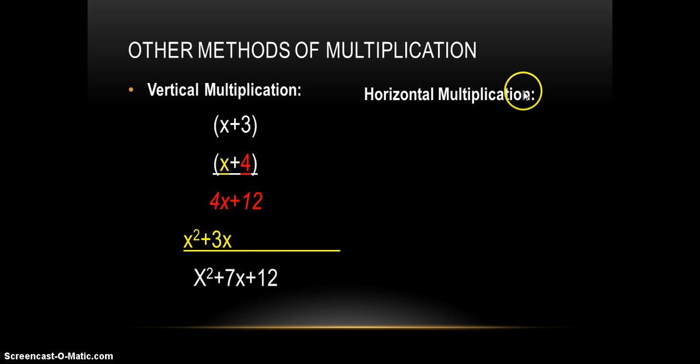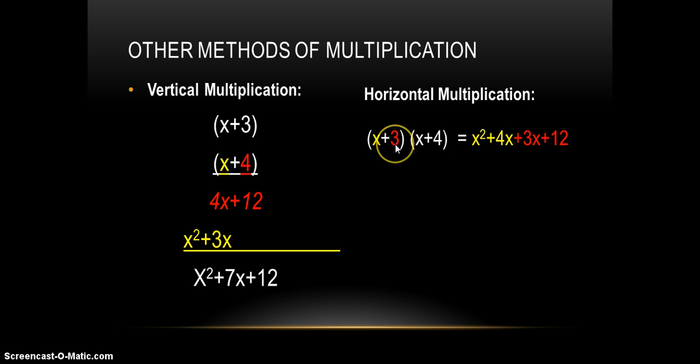You also can do horizontal multiplication. This should remind you of the FOIL method. Again, you have to multiply each term times every term in the other expression. So x times x plus 4 gives me x squared plus 4x.